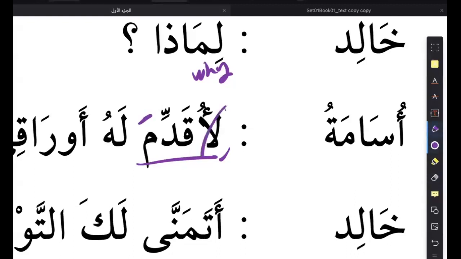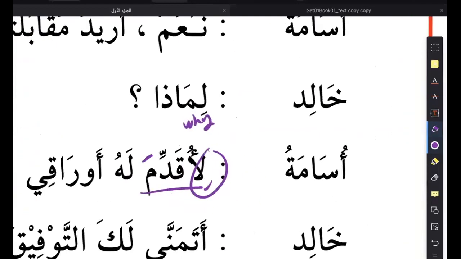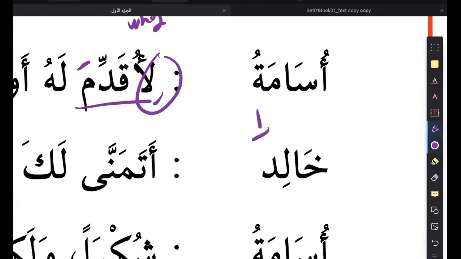But I'll quickly mention that the grammarians say there is a hidden "an" here. You can say li an.